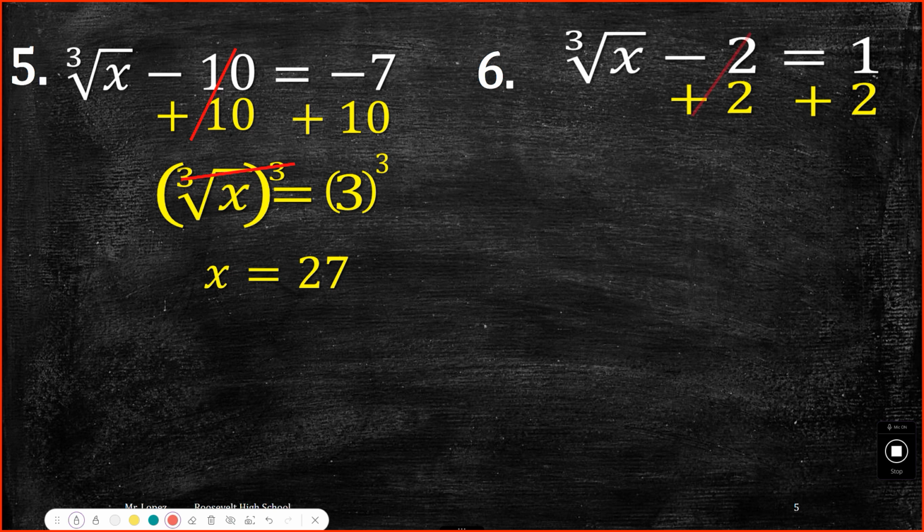So now we're going to have cube root of x equal 3. Same problem again. We're going to hold it and cube it. And so the answer is the same. X equals what? 27?